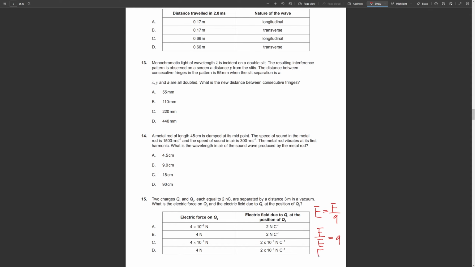Therefore, the ratio of F to E should be 2 nanocoulomb. Across A to D, which one gives you this required ratio? Only A. 4 times 10 to the power of negative 9 divided by 2 is 2 times 10 to the power of negative 9, which is the required ratio, 2 nanocoulomb.